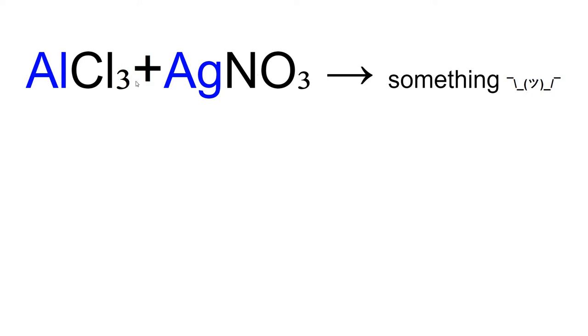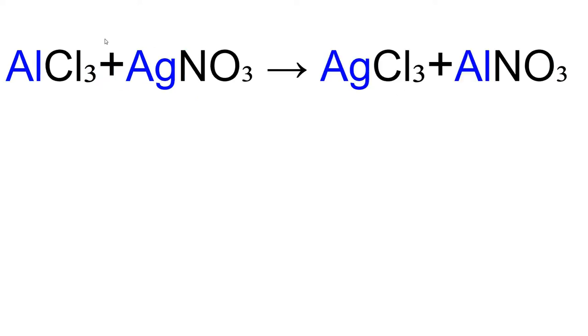So, normally, and when I mean normally, I mean almost 99% of the time, the 2 positives are just going to switch. So, when we write that out, on this side, we have aluminum chloride plus silver nitrate equaling silver chloride and aluminum nitrate. But we have an issue here, which is that this is not balanced, right?